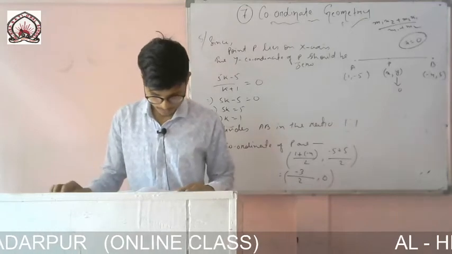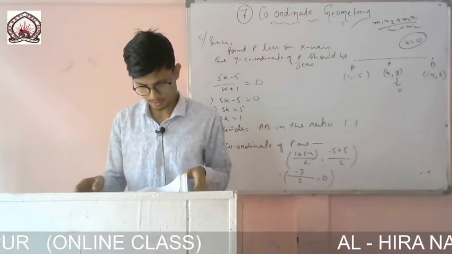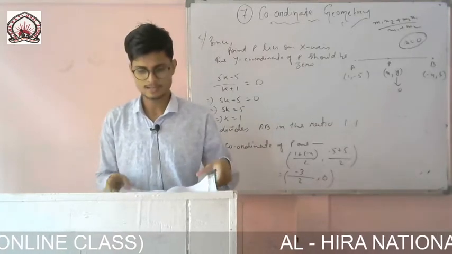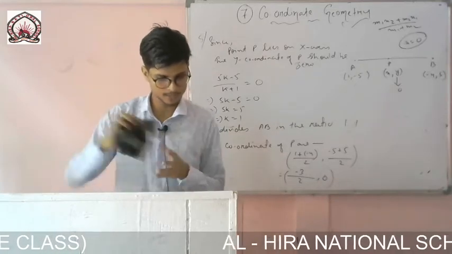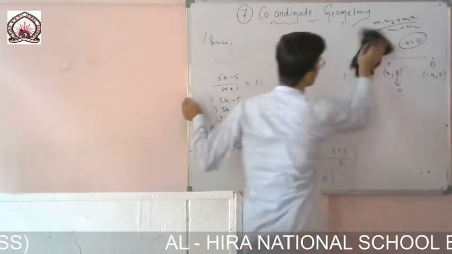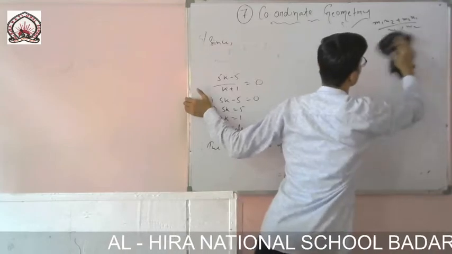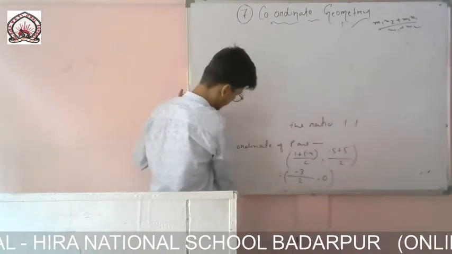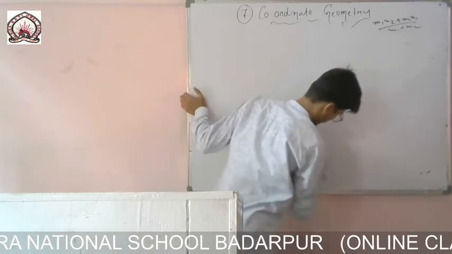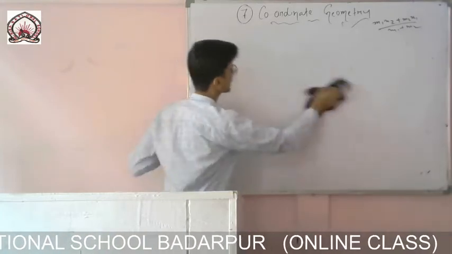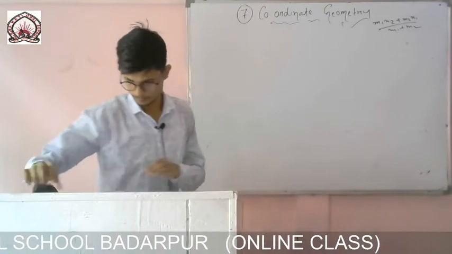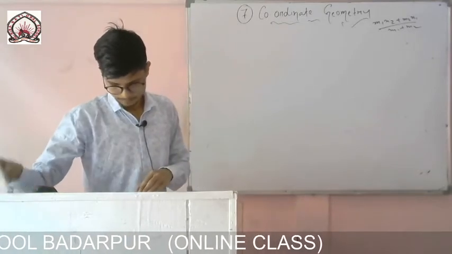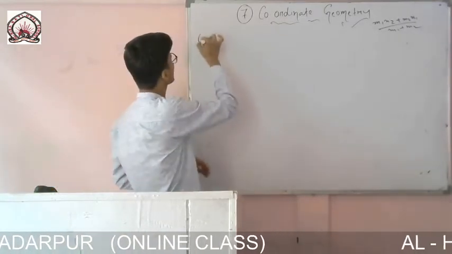So the four vertices of a parallelogram are taken in order, and you have to find the values of x and y. Very easy. Question number 6.